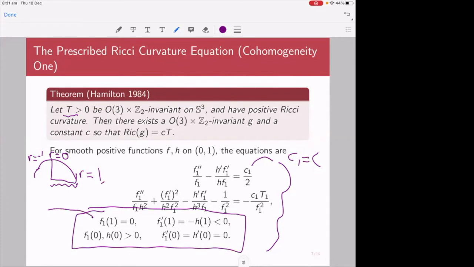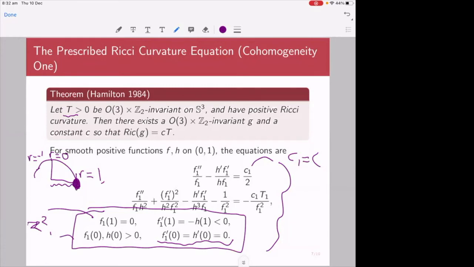This top line here, these are the first order smoothness conditions required to insist that the metric closes up smoothly at the r equals 1 singular orbit. This second line, these are the conditions that we need to impose to insist that our metric has Z2 symmetry and does so smoothly. So of course we need at least the first derivatives of both f and h to be 0 in the middle.